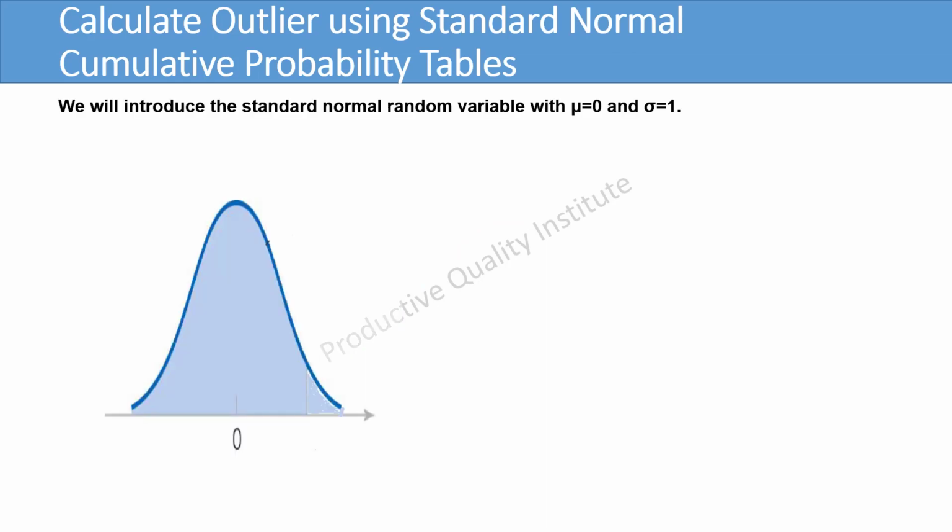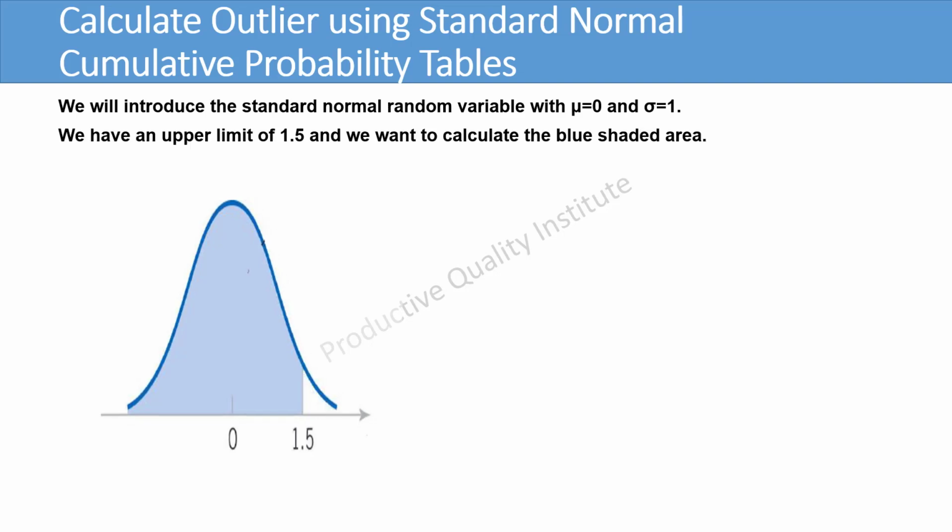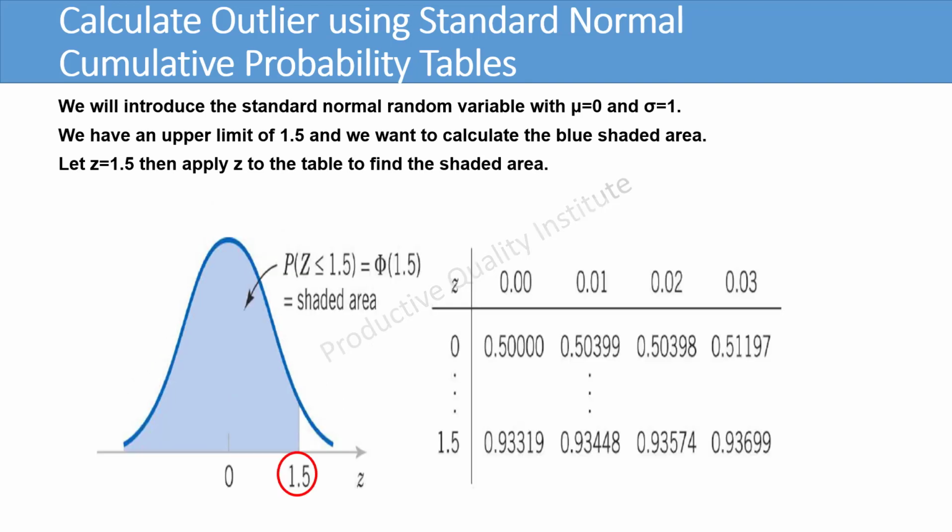To calculate the outlier using the standard normal cumulative probability tables, we have to first introduce the standard normal random variable with mu equal to 0 and sigma equal to 1. For example, if we have an upper limit of 1.5 and we want to calculate the blue shaded area, we assume that z is equal to 1.5, then apply z to the table to find the shaded area.